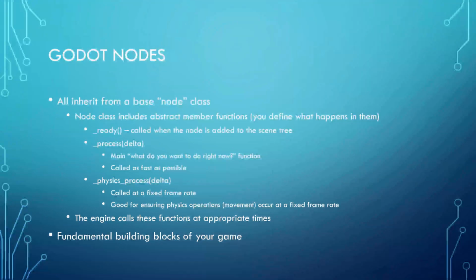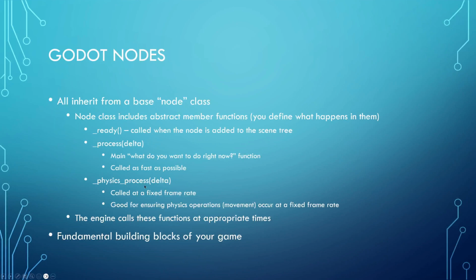So when we're doing movement or physics-related things like falling or physics interactions where forces are interacting with objects, we want to use something that's at a fixed frame rate. And this is called physics process. So if you are doing something that has to do with movement, it's good to do that in physics process.